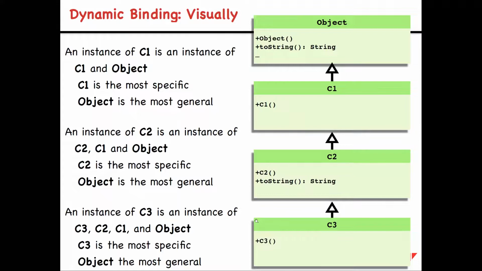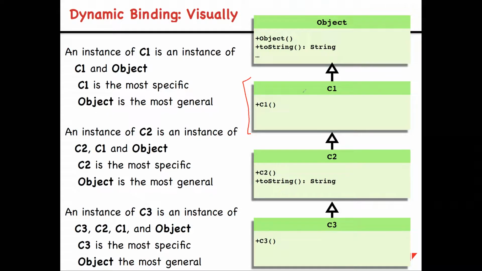All right, so visually, this is basically what I just drew on the previous slide, and I think it is very useful to know how to do this yourself. So if I create a C1 object, which is what that code was doing, an instance of C1 is an instance of C1 and Object.